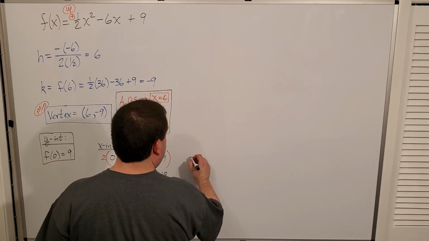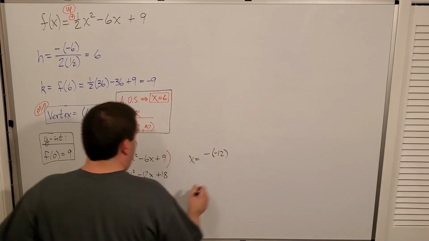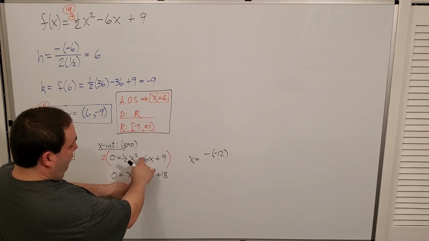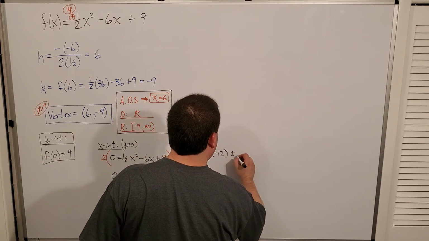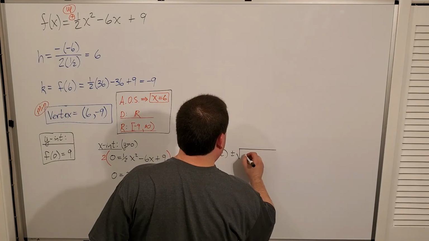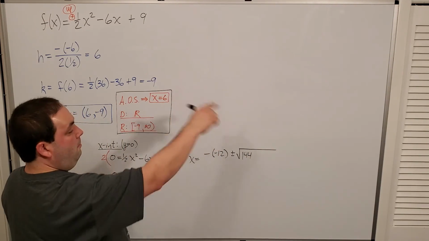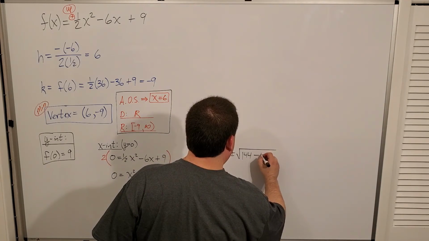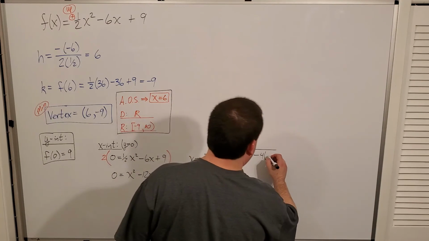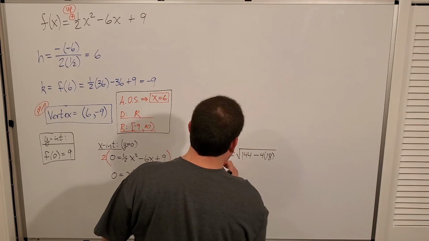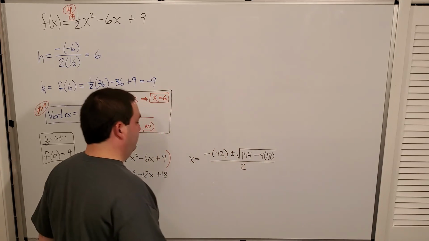Let's see. X is going to be equal to negative b, and in this case my b is negative 12, right? Because I changed it. Plus or minus square root. Negative 12 squared is 144. Minus 4 times a, 1, times c, 18, all over 2a. 2 times 1 is 2.